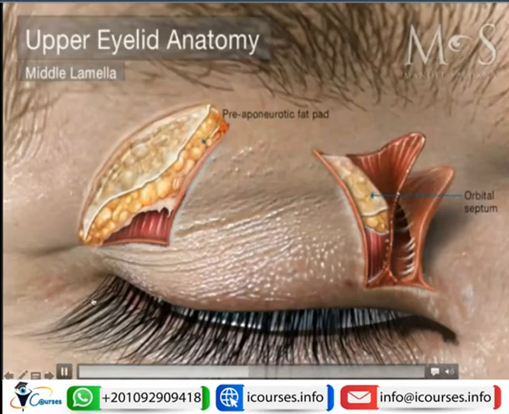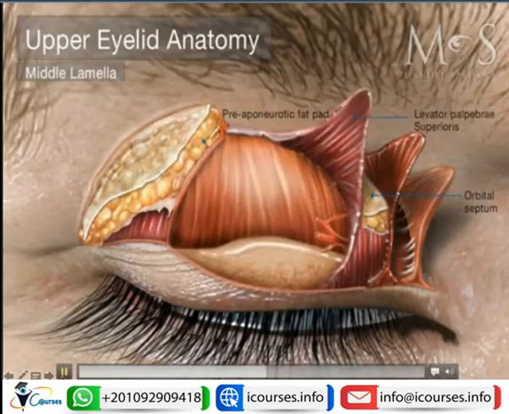However, if we remove the orbital septum and the preaponeurotic pad of fat, we will find the levator palpebrae superioris, attached to the upper border of the tarsus.